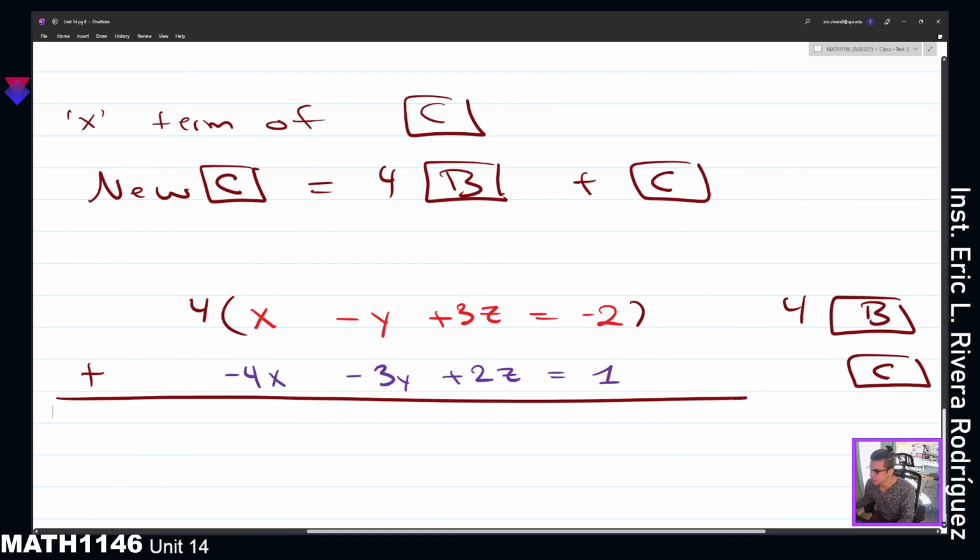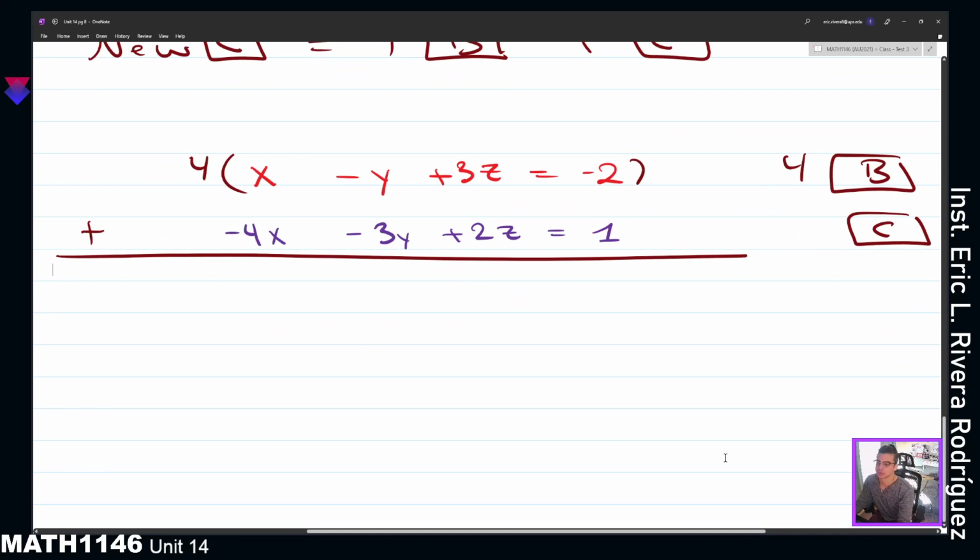What I'm going to do here is to distribute positive 4. So now I have positive 4 in front of x here. Then I have 4 here. And this is going to give me 12. And here this is going to give me -8.